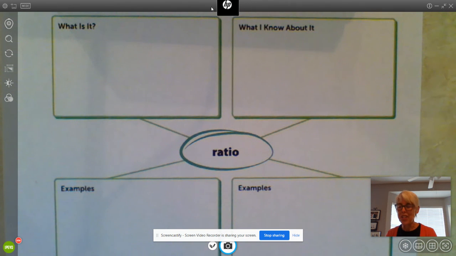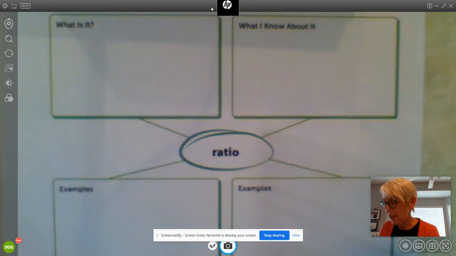Okay, so a ratio. What is a ratio? That's where we're going to start. So we know from the work that we've been doing with ratios that a ratio is a comparison between two quantities or two units. So let's put that down.